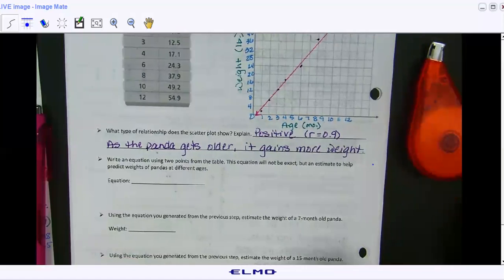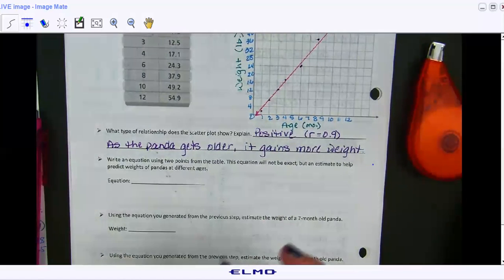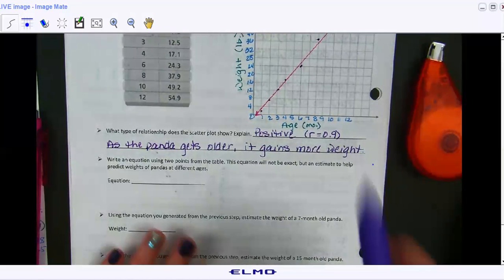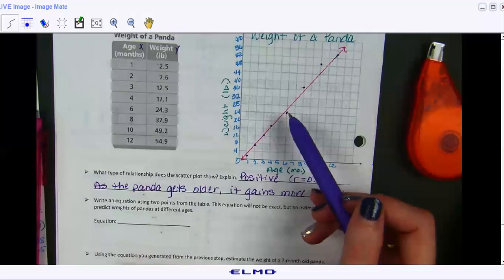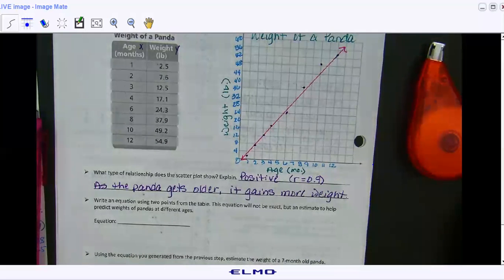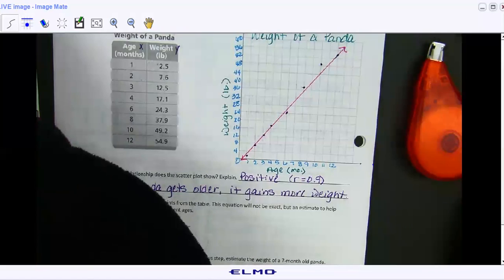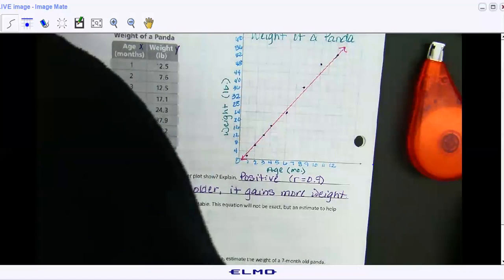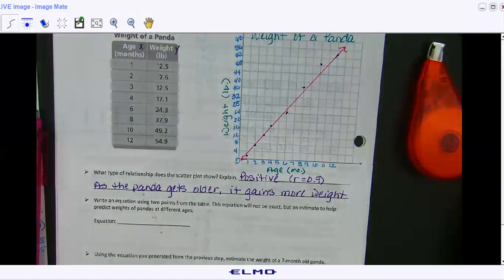Now what we're going to do is write an equation from this table. Remember I said that when you graph your trend line you want to make sure that it touches at least 2 points. Ours touches more. So I'm going to choose just the first and the last point of my graph.